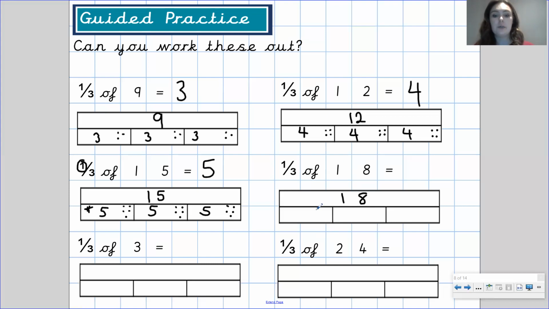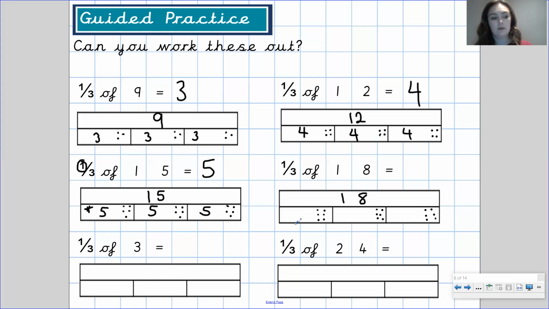Okay, you ready? 1, 2, 3, 4, 5, 6, 7, 8, 9, 10, 11, 12, 13, 14, 15, 16, 17, 18. What are we going to put into each part?